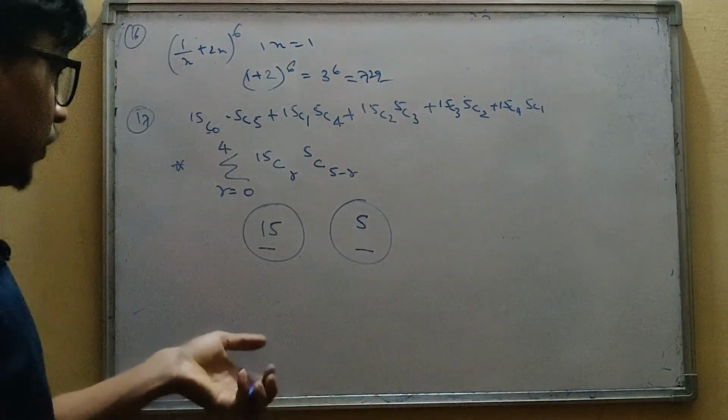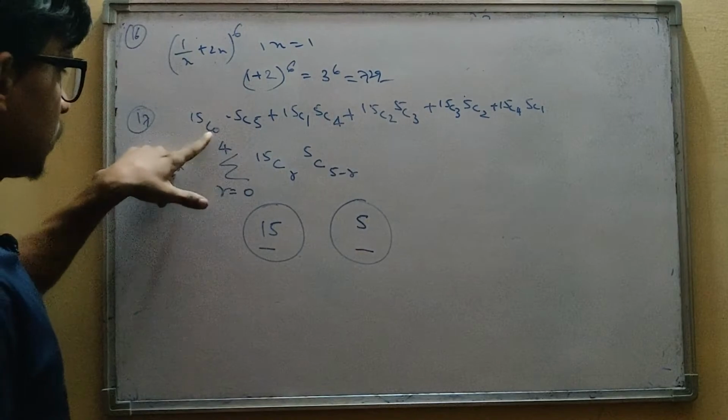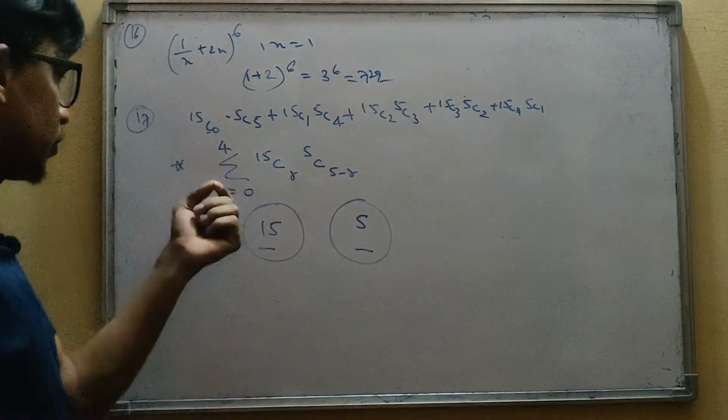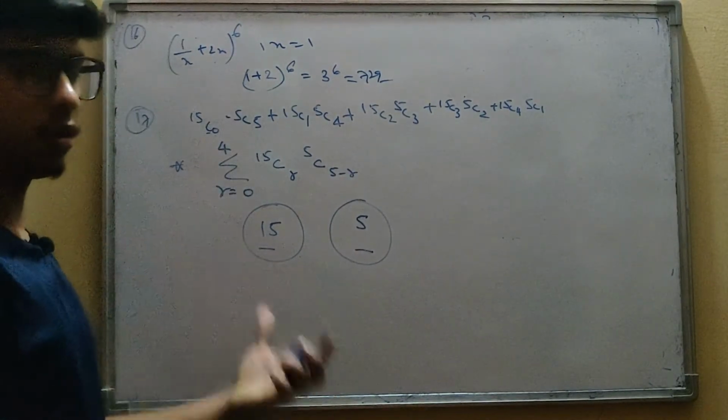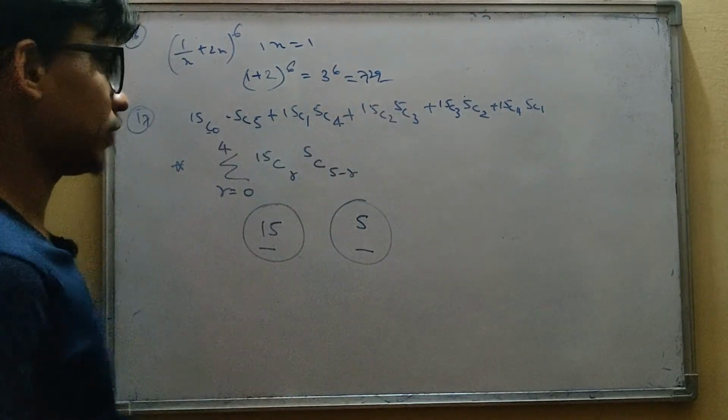So 15C0 and 5C5 means out of 15 I am going to get 0 elements, and from 5 I am getting all 5 elements, right? So this is how you can think of it.